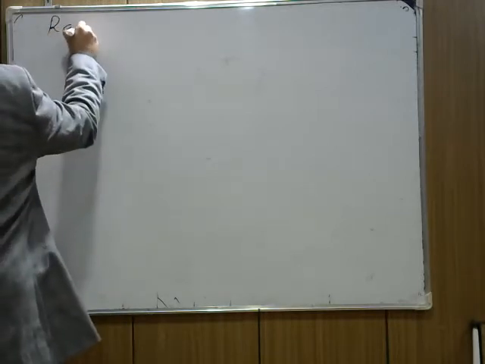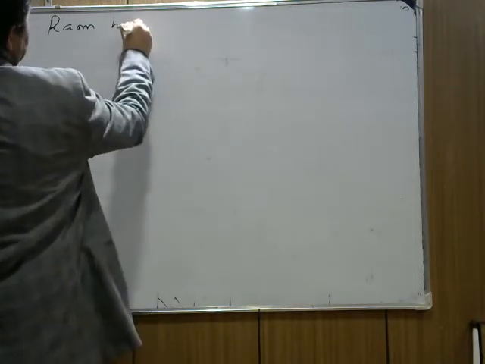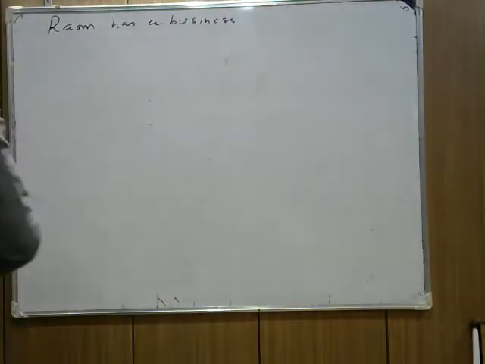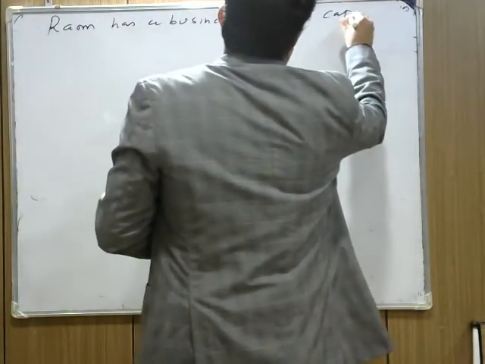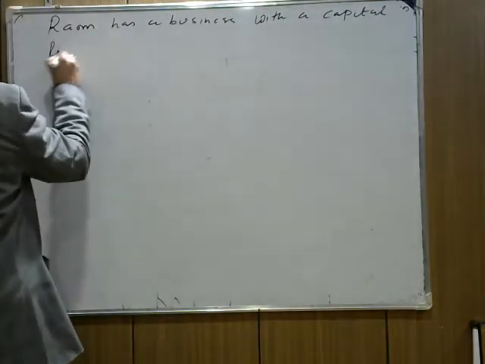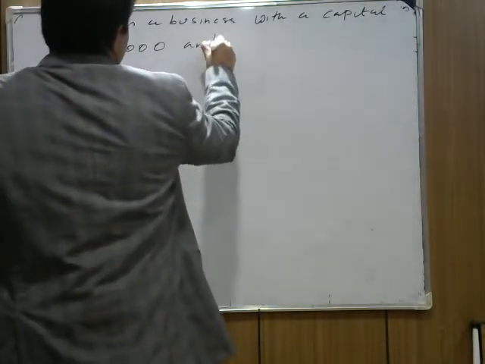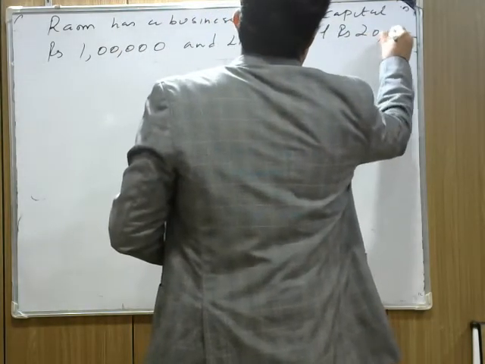First question, note down: Ram has a business with a capital of rupees 1 lakh and liabilities of rupees 20,000.